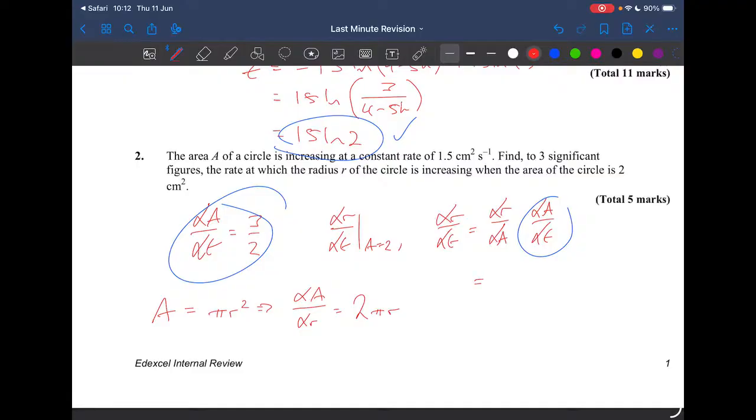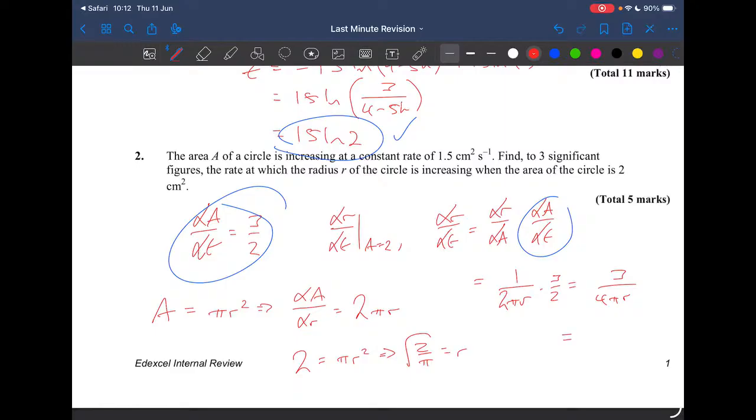What do we have? 1 over 2 pi r times by the 3 over 2. So it's going to be 3 over 4 pi r. We don't have the radius, we have the area. But what we can say is 2 is equal to pi r squared. So rearranging, we'll have 2 over pi, all square rooted, will be r. So we can plug that in here.